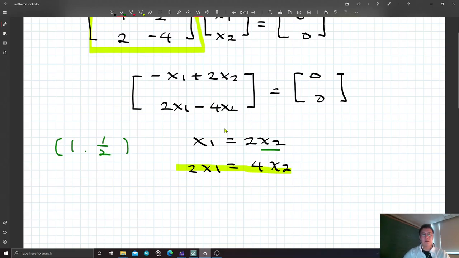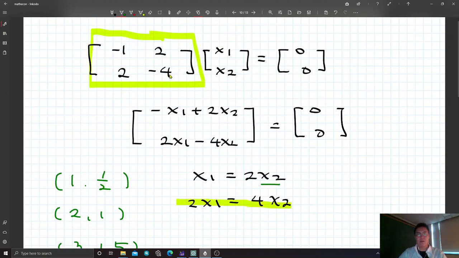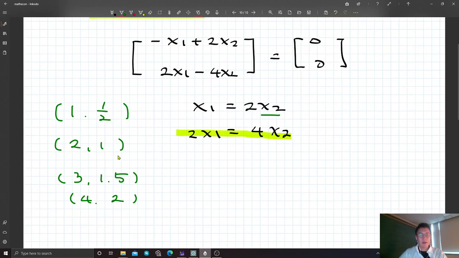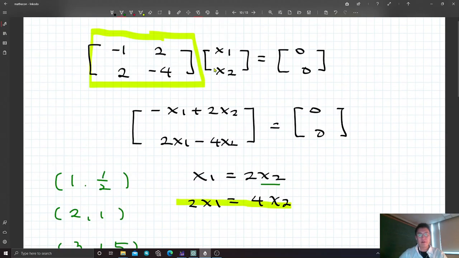And 2 and 1, and 3 and 1.5, and 4 and 2, and so on. So we have infinitely many solutions to this homogeneous equation. These are candidates of eigenvectors, defined as solutions to this homogeneous equation.